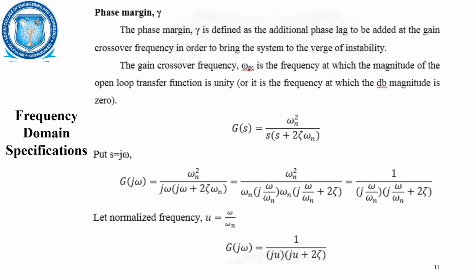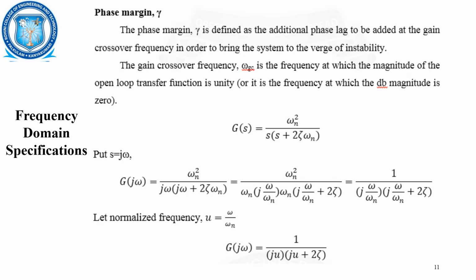For phase crossover frequency, we have seen that the phase of the open loop transfer function is 180 degrees. In case of gain crossover frequency, it is the frequency at which the magnitude of the open loop transfer function is unity, or the magnitude in decibels, if represented in decibels, should be 0. Whichever condition you consider, it will be fine.